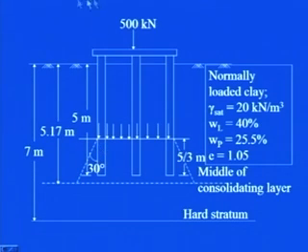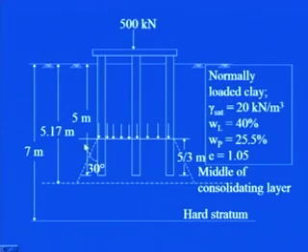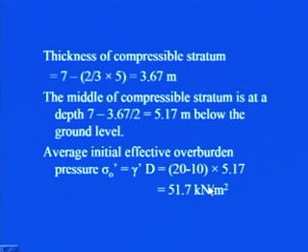So that will be 7 minus 5 by 3, that is 7 minus 2 times 5 by 3, that is 3.67, and then it will be 5.17 below the ground level. You see here that from ground level, this is 5.17, which is the middle of the consolidating layer.